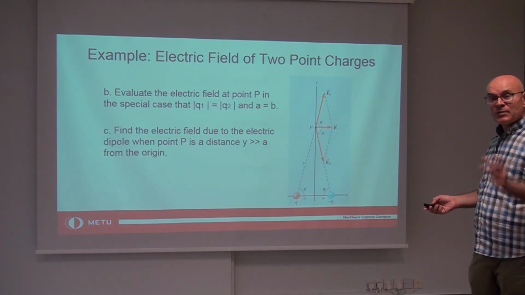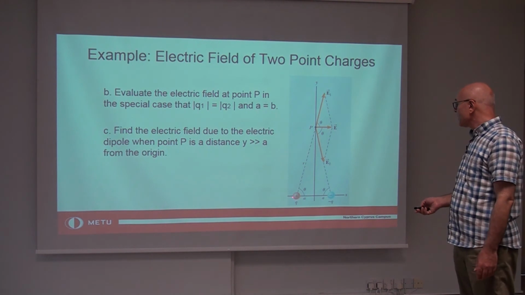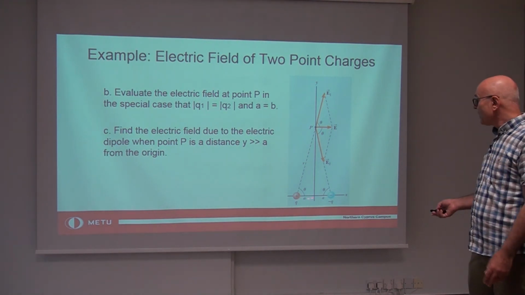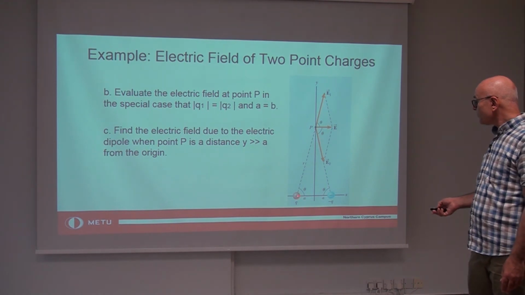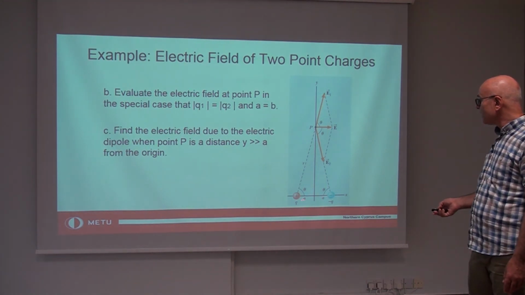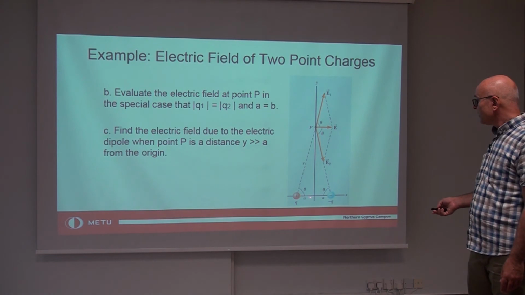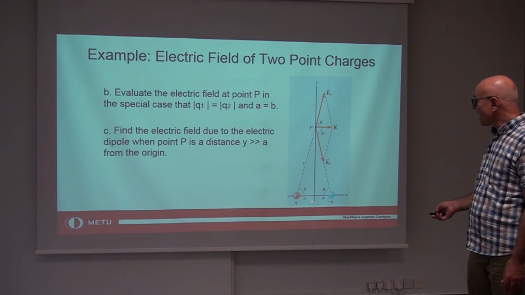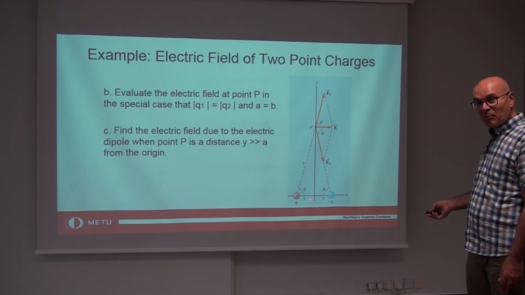Then I will specialize to the special case when the charges are equal in magnitude but opposite in sign, and in this case I will take them to be at equidistance from the origin, and so the y-axis will be passing through the middle point.